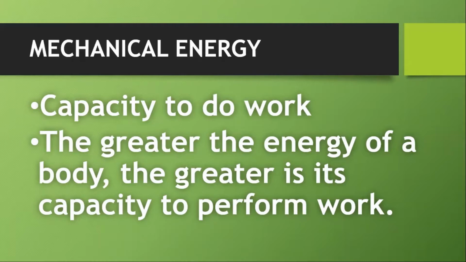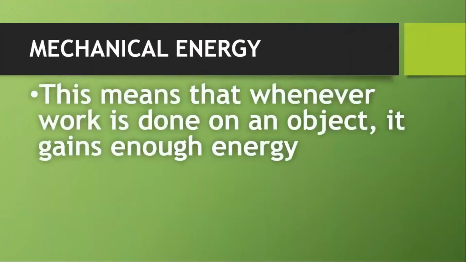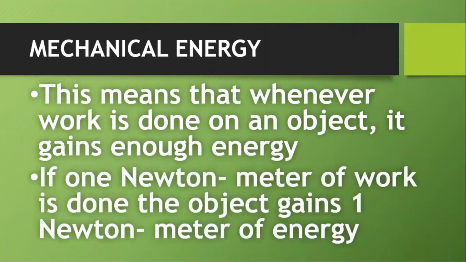So, if you have a lot of energy in the body of the object, then there is a greater opportunity to perform the work. This means that whenever work is done on an object, it gains enough energy. And of course, if 1 Newton meter of work is done, the object gains 1 Newton meter of energy. So they're equal with each other.